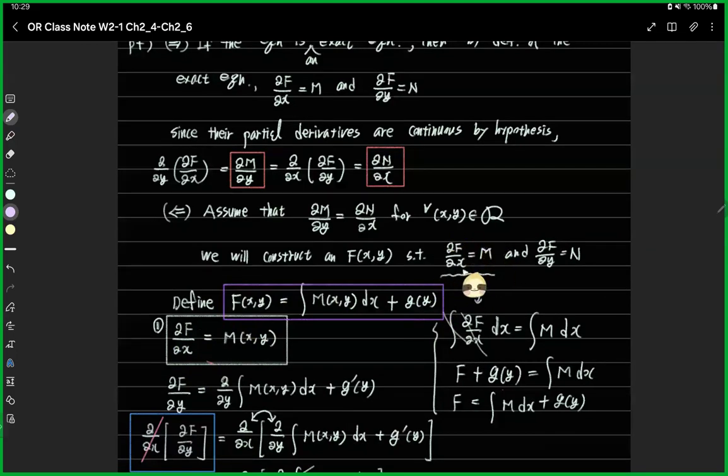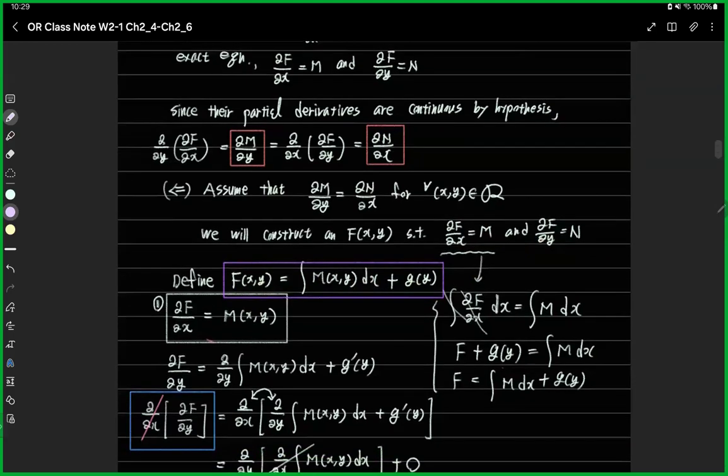Now we're going to do something to f so that it satisfies the second condition. From here, we take the derivative of f with respect to y on both sides. The partial with respect to y is going to be the partial derivative of this integral with respect to y plus g prime, where prime means the derivative of g with respect to y.